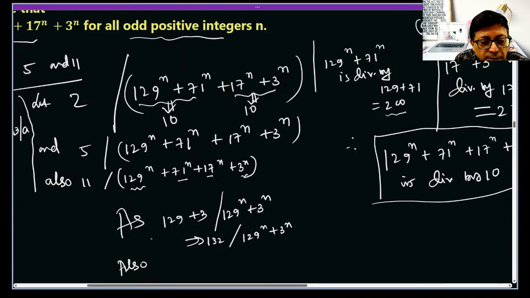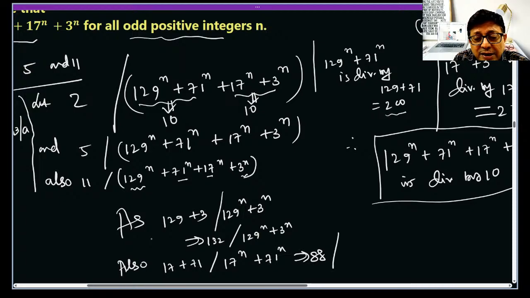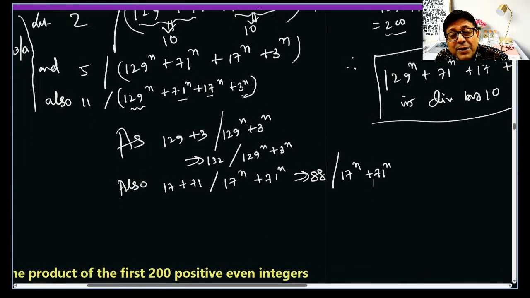Also 17 plus 71 divides 17 to the power n plus 71 to the power n, so this implies what? 88 divides 17 to the power n plus 71 to the power n.